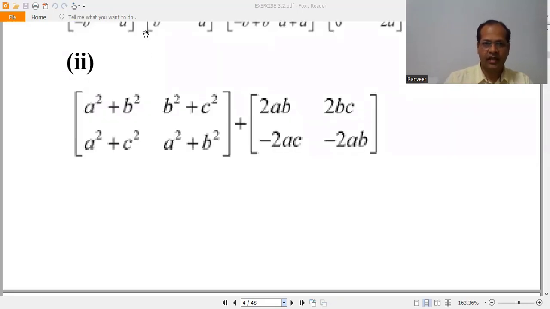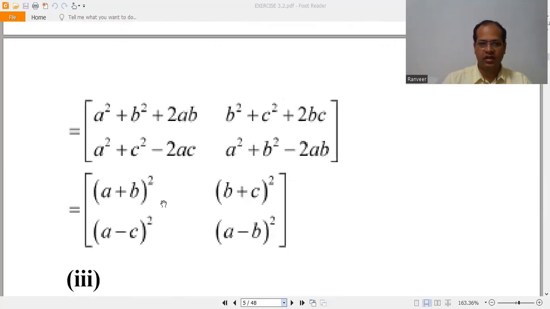Now, A square plus B square plus 2AB, B square plus C square plus 2BC, A square plus C square minus 2AC, A square plus B square minus 2AB. So these are the corresponding values: A plus B whole square, B plus C whole square, A minus C whole square, A minus B whole square.